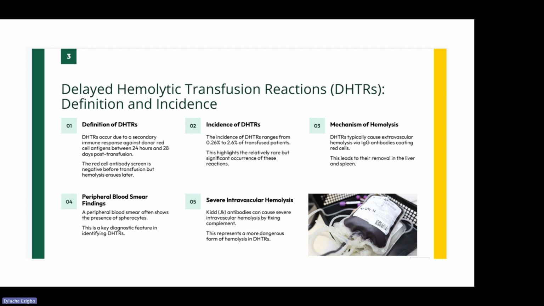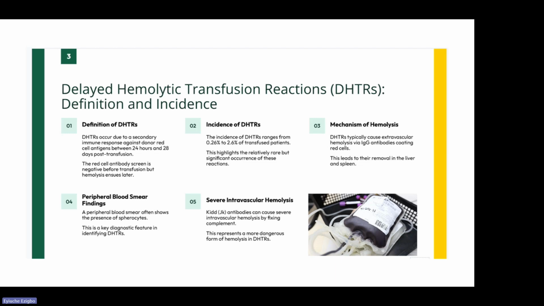So prior to the transfusion, the antibody screen on the patient was negative, but hemolysis was observed afterwards. If it occurs like that, we may suspect delayed hemolytic transfusion reaction. The incidence is from 0.26% to 2.8% of transfused patients. This highlights the relatively rare but significant occurrence of this reaction.